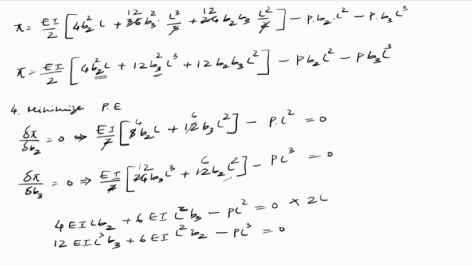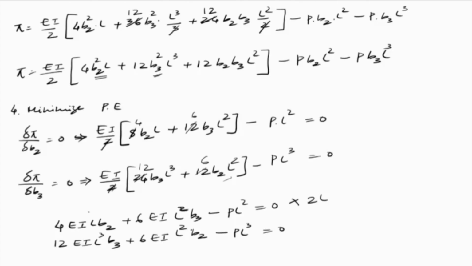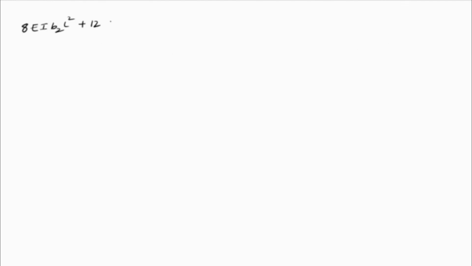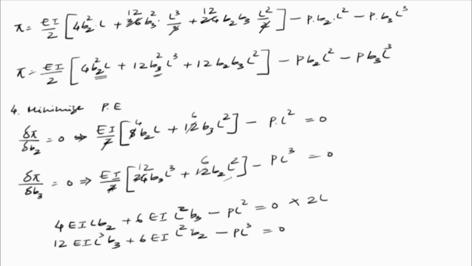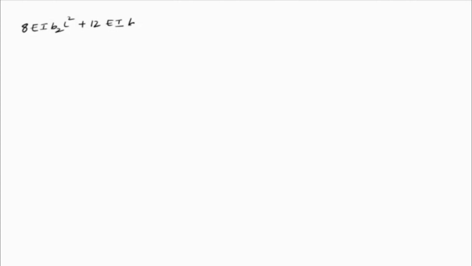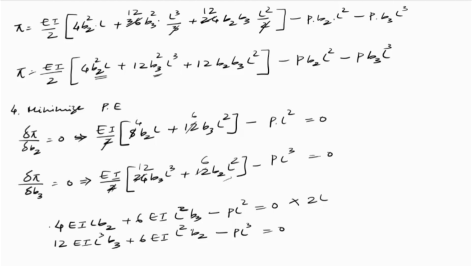It is 8 EI b2 L square, L into L will become L square, plus 12 EI b3 L cube minus 2 P L cube is equal to 0. This is the equation I am going to get when I multiply this first equation by 2L.